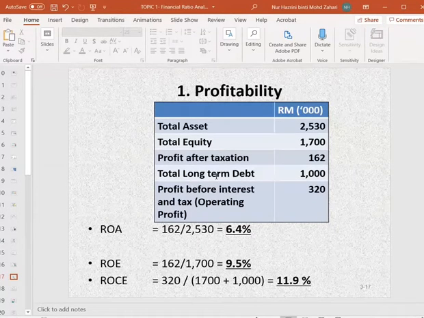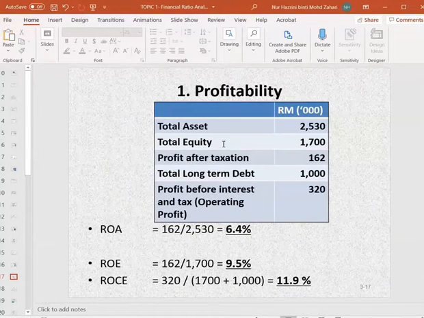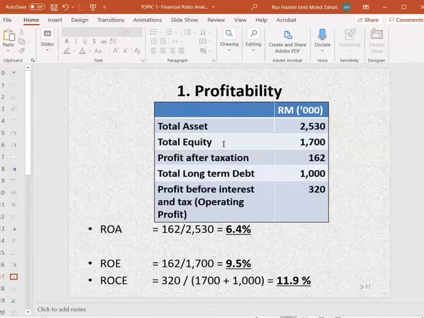For return on capital employed, we have the operating profit, which is your profit before interest and tax. And then we add the long-term debt and total equity. Under this equity, you have the shares. That's your capital employed, where you get the capital from. The company gets capital from the issue of shares, and also from long-term debt.